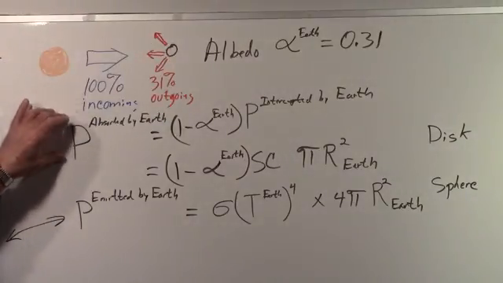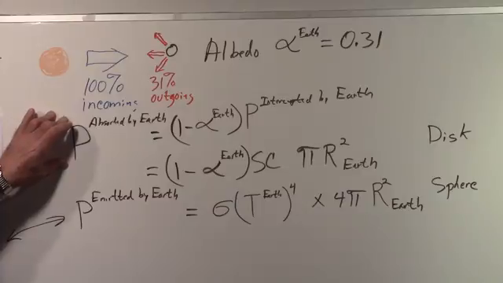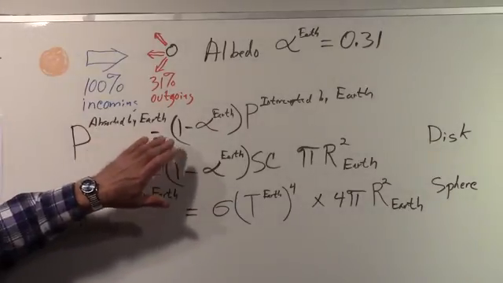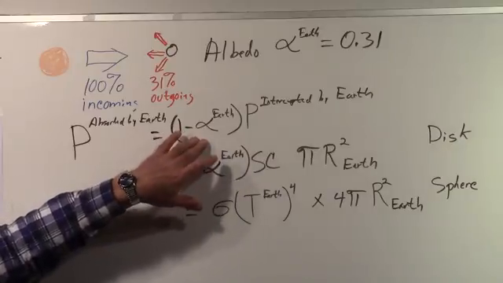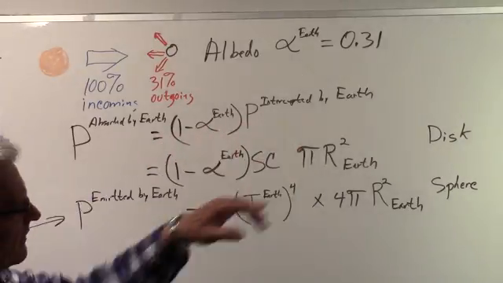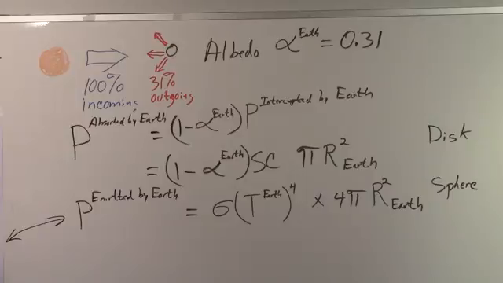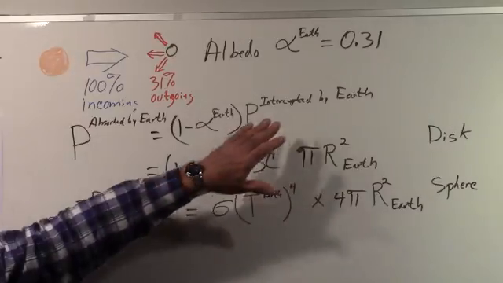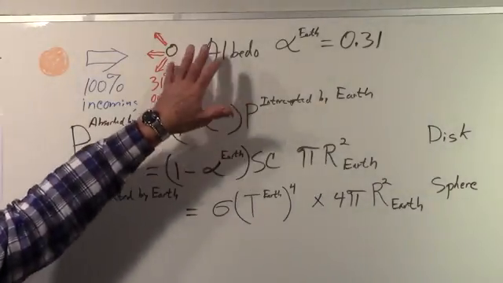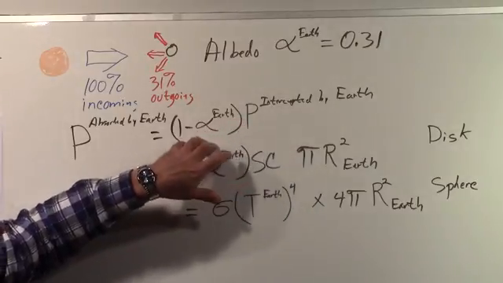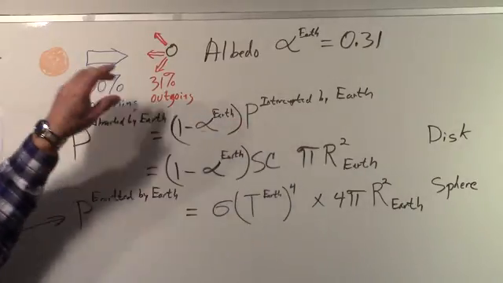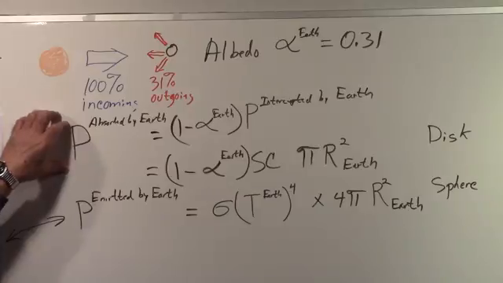So if we want to calculate the power that's absorbed by the earth, it will be 1 minus the albedo times the power intercepted by the earth. So this is what we have coming in. We have 31% going out, so we have a remaining amount, and that's what this gives us. This is what is absorbed by the earth.